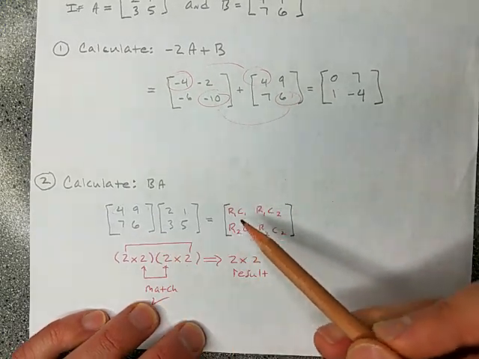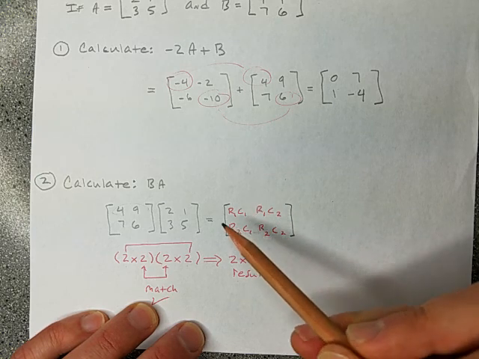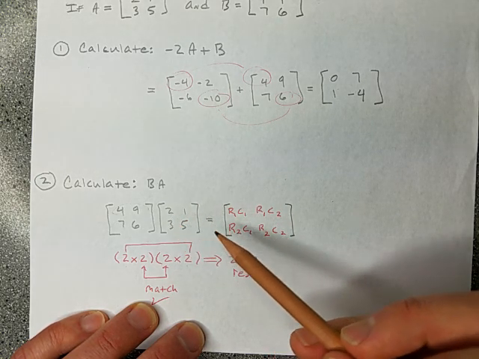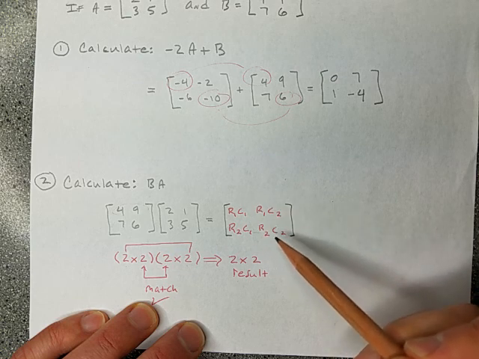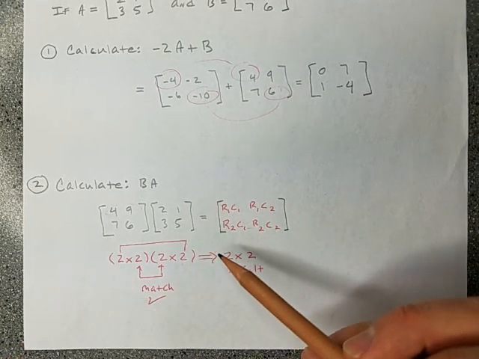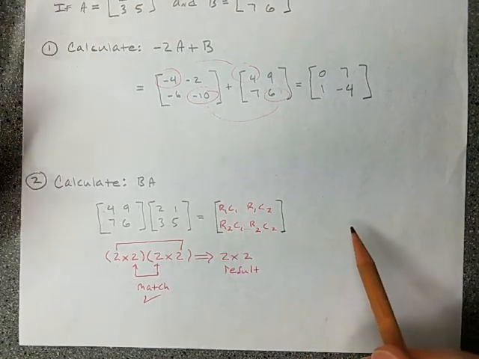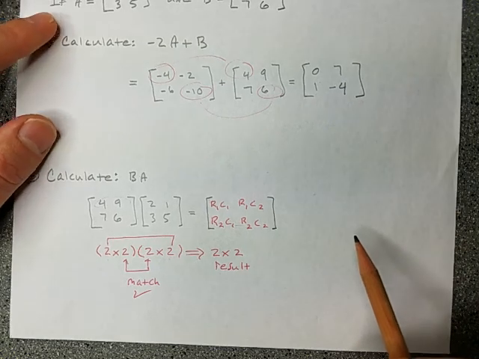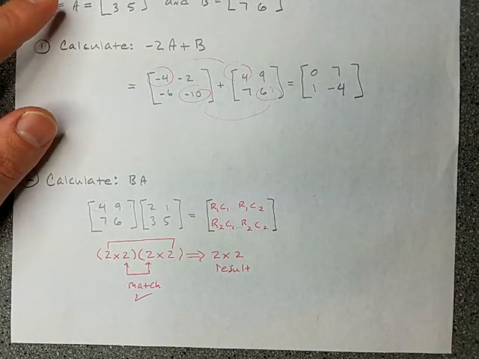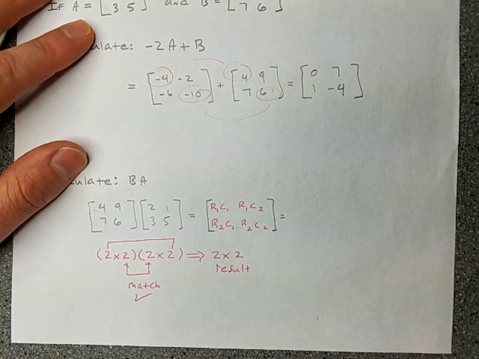And in this column, each result is obtained from column 1 of the second matrix. And in this column, each result is obtained from column 2 of the second. So that's yet another way to think about it. I'll try to tell you different ways without overdoing it, but I have to consider that different people might prefer to think about this different ways until they catch on to the pattern.